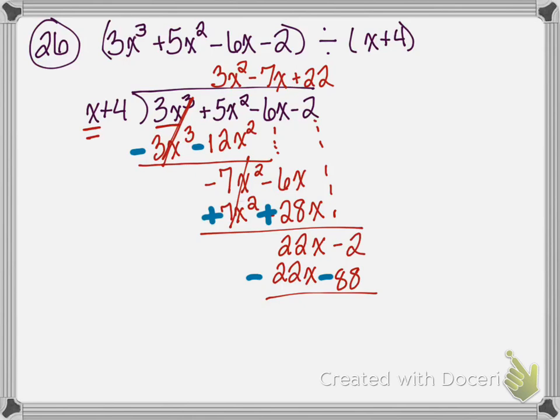Now I have promised not to give you one that has a remainder. So on your test, you can count on not having one as a remainder. When you do get a remainder in the future, when you take 144 or a different algebra class, then you might have a remainder, and you would write it just like that right there. So my final answer is actually all of this.